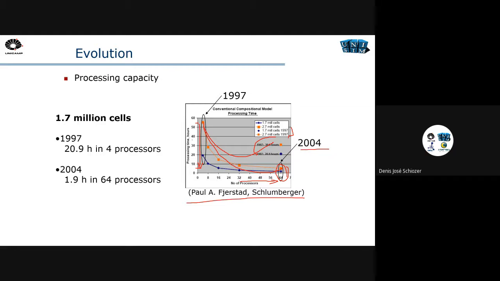And sometimes this curve is not so beautiful as it is in this test that this guy did at Schlumberger. Sometimes the curve is like this, and it keeps decreasing. So there is an optimal number of processors, and we have to increase the quality of the codes in order to make better use of these powerful parallel machines today.